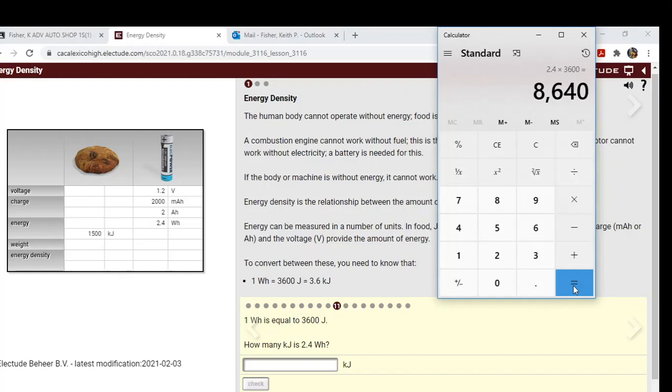And then we're going to divide that by 1,000 to get to 8.64 kilojoules.